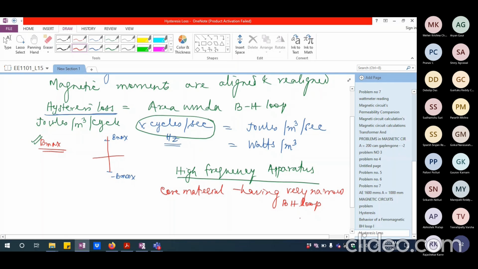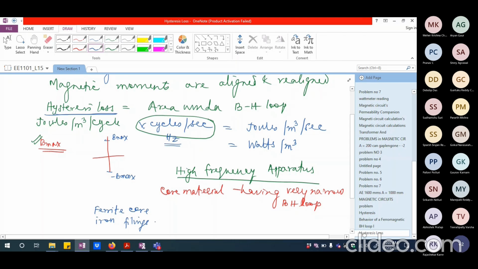So that is one reason why in many of the high frequency transformers, we generally use either something called a ferrite core, where you are going to have a very, very narrow BH loop, or we will use iron filings. That is, it is like grating.